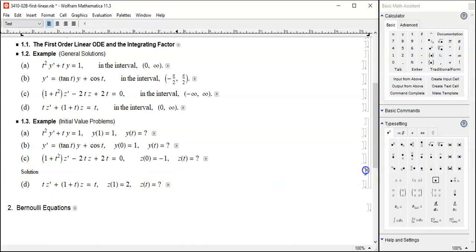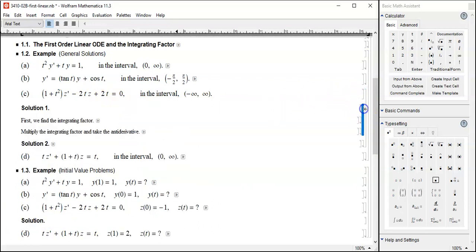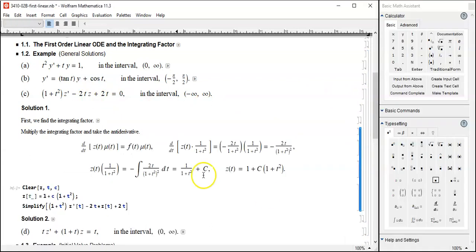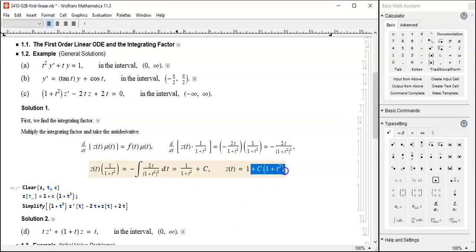Okay, all right. And what was the solution? We just did it. And the solution was, yes, this was the solution.